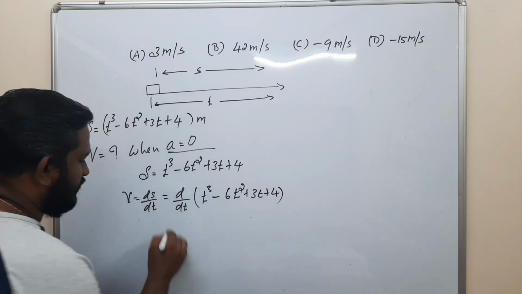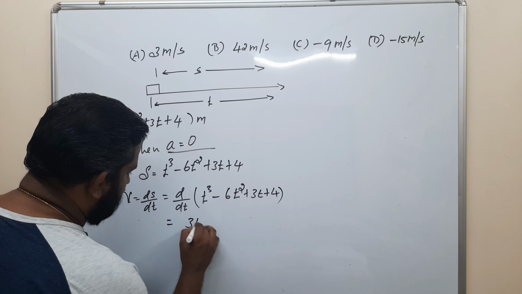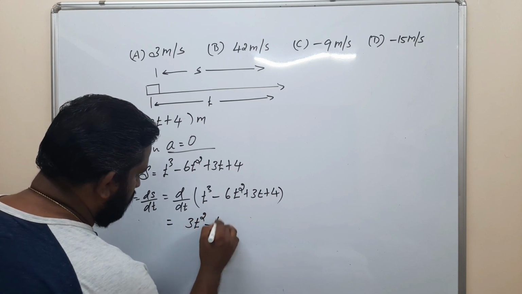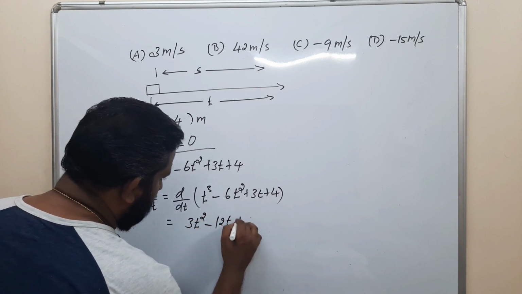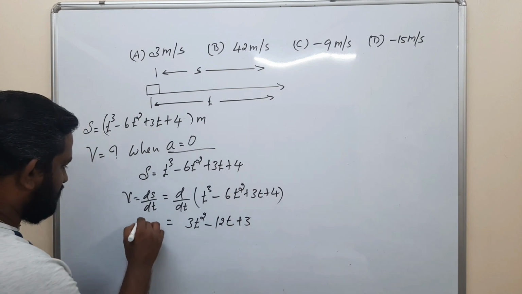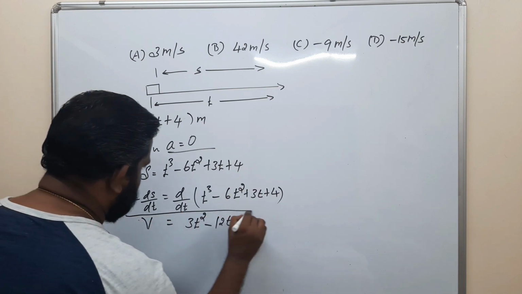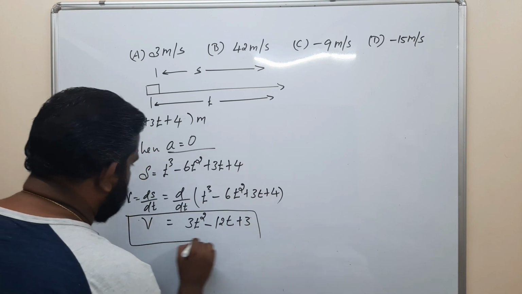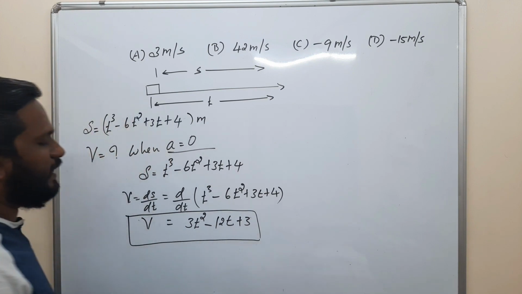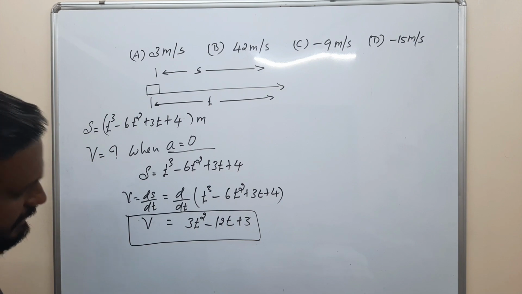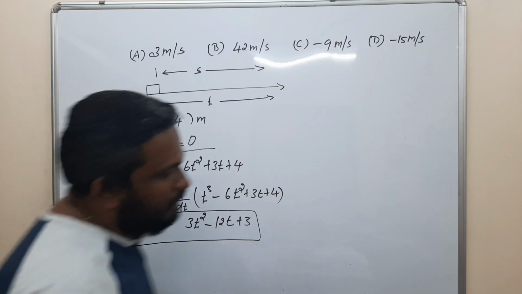Differentiating with respect to time, we get 3t square minus 12t plus 3. So the velocity function is 3t square minus 12t plus 3.